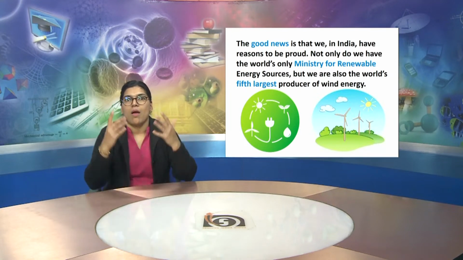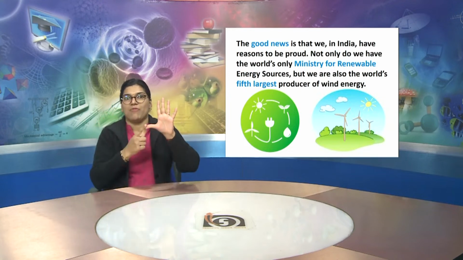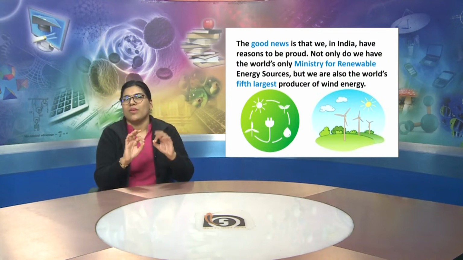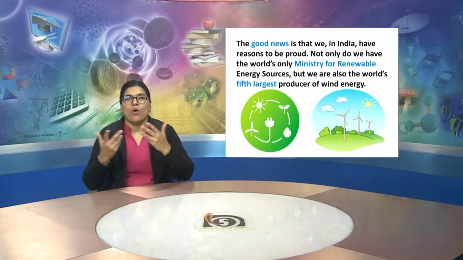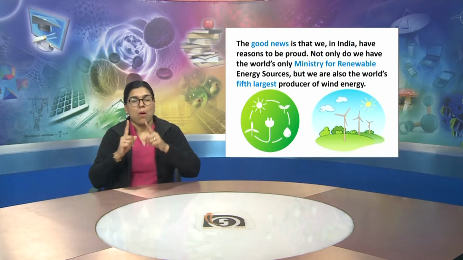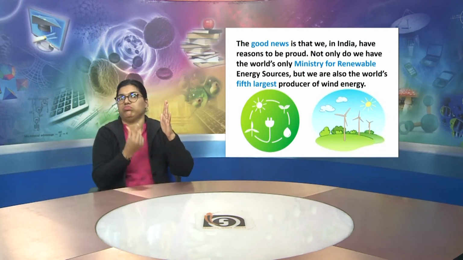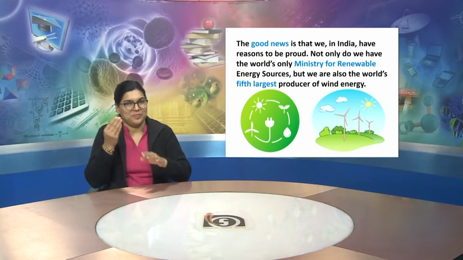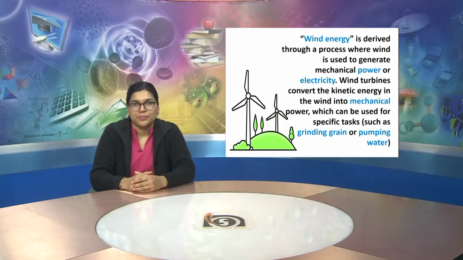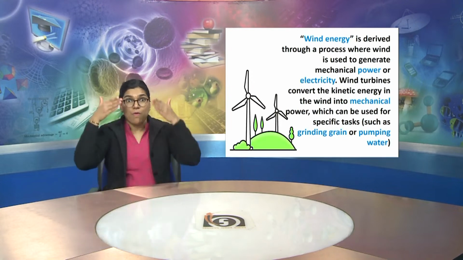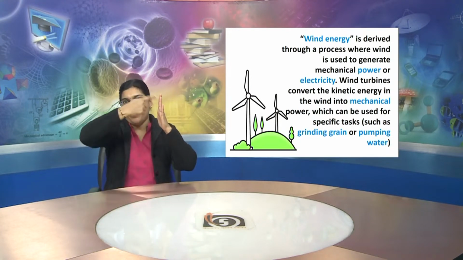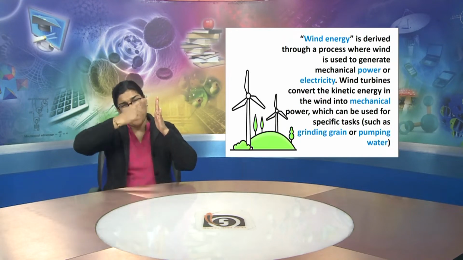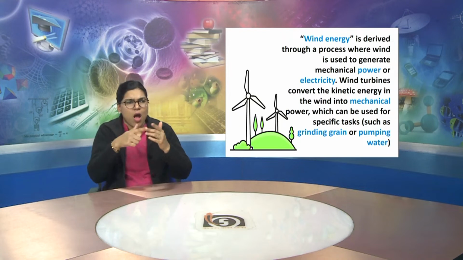We use the wind energy for running various technical items, various machines, and also similarly we use solar energy and hydro energy in different ways. So here we would be talking about the wind energy.